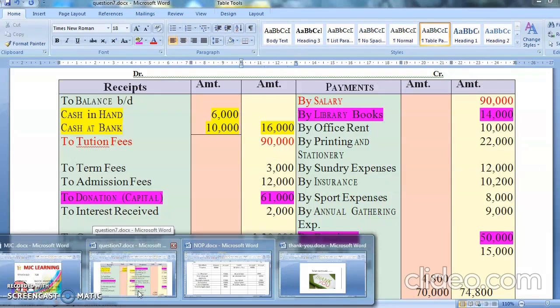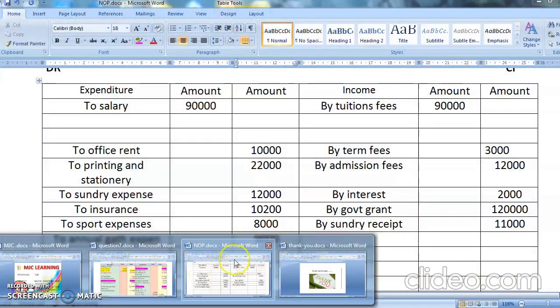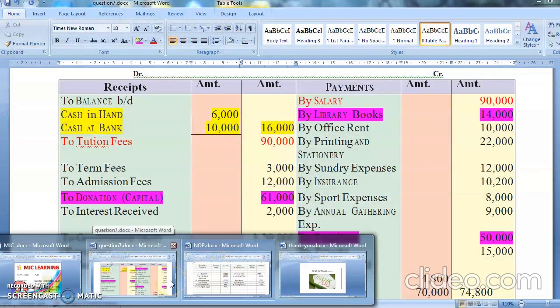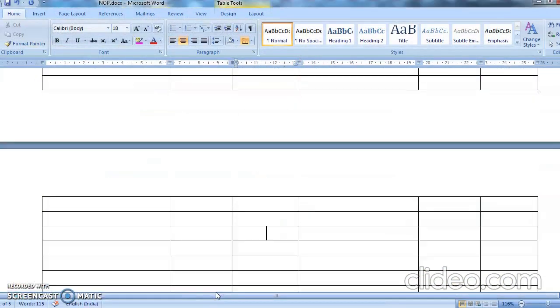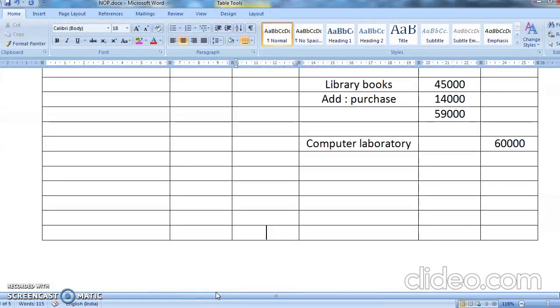Sports expenses 8,000, annual gathering expenses 9,000. We have already done those. Then we have now cash in hand 4,800, cash at bank 70,000. So these two will come here. Cash in hand 4,800.